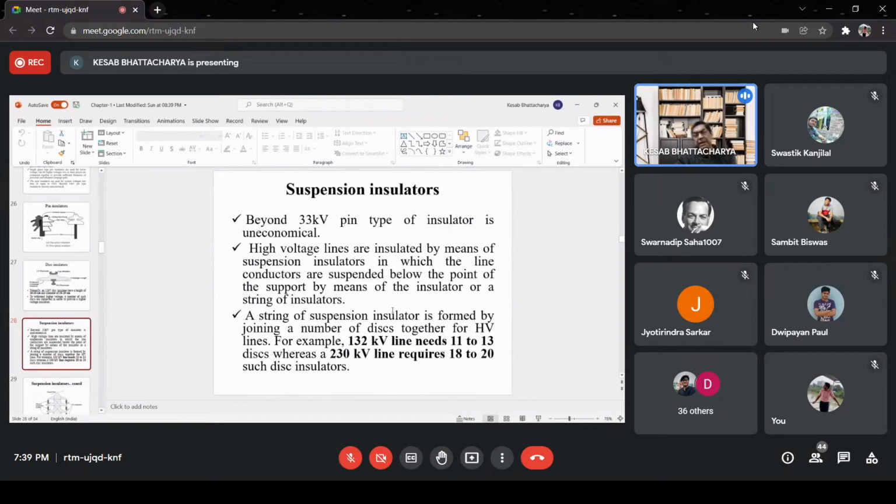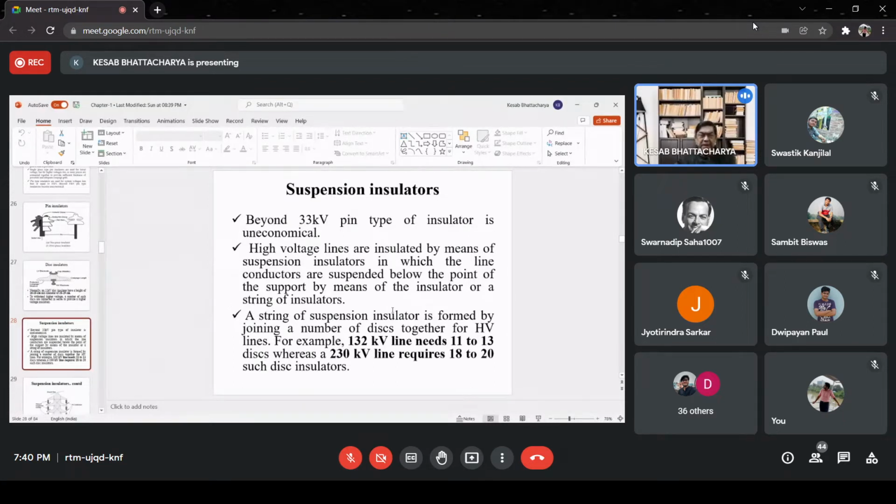If you have carefully seen, you must have noticed that high voltage conductors are suspended from the tower cross arm with the help of suspension type insulators. This suspension insulator is supported at the top from the tower cross arm, and at the bottom, it supports the HT transmission lines.